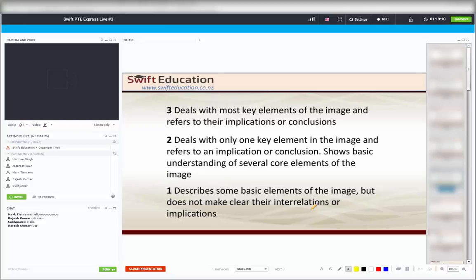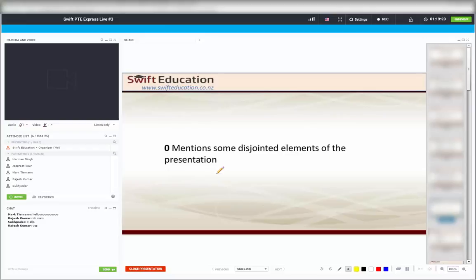So it's basically interpreting the information given in the chart or graph, and that's how you need to explain the image. Now you do not get marked at all if you mention some disjointed elements of the presentation that don't make sense, where you're not trying to explain what you need to explain. So that's pretty fair, isn't it? If you don't say anything, then you don't get marked for it.